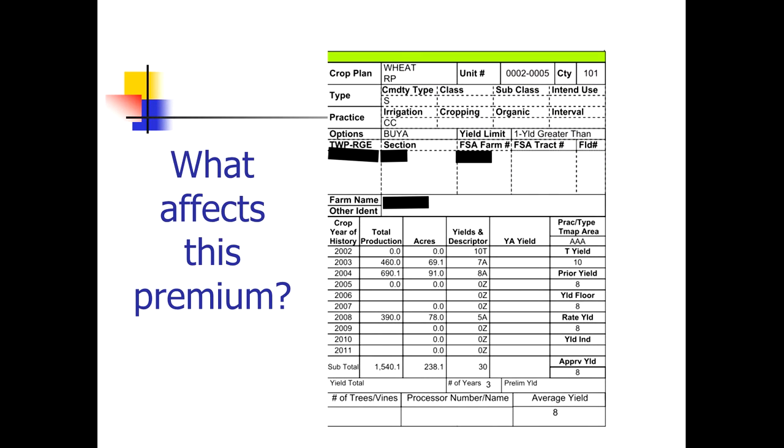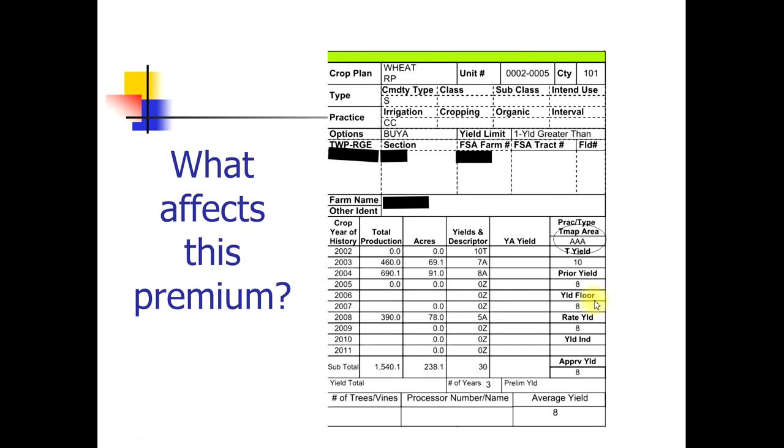What affects the premium on this unit? This is an example of that high risk or AAA land. Once again, you look at the top, you can see this is wheat, spring type, CC, and then the map area, though, that's the big thing on this, is in AAA. So this is high risk land. We've had some poor yields in here, and so that created an issue where we actually floored this unit. So over all of your history, if we were to total that up, our yield can never get below 80% of this county average for what they use for your guarantee.